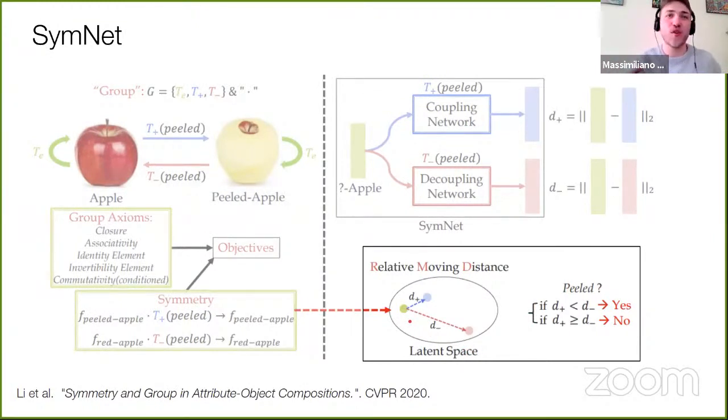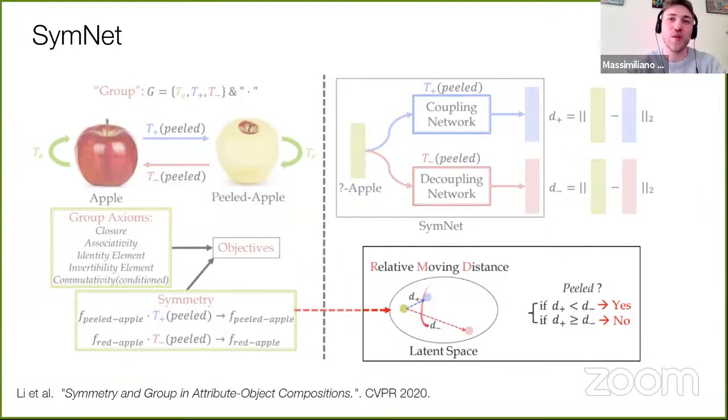Of course, if you have a peeled apple and you want to add the peeled attribute, you are not actually changing its representation. But if you take out the peeled state, your representation changes abruptly. While if you take the same red apple and add the unripe state, since the apple is ripe, your distance when adding the unripe state will be very large to your original embedding.